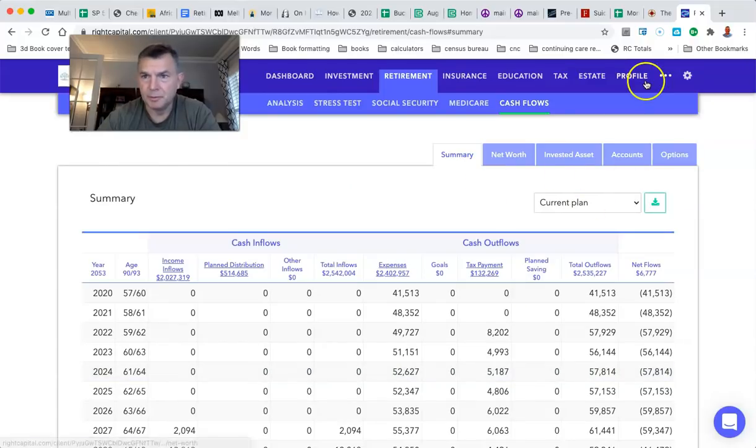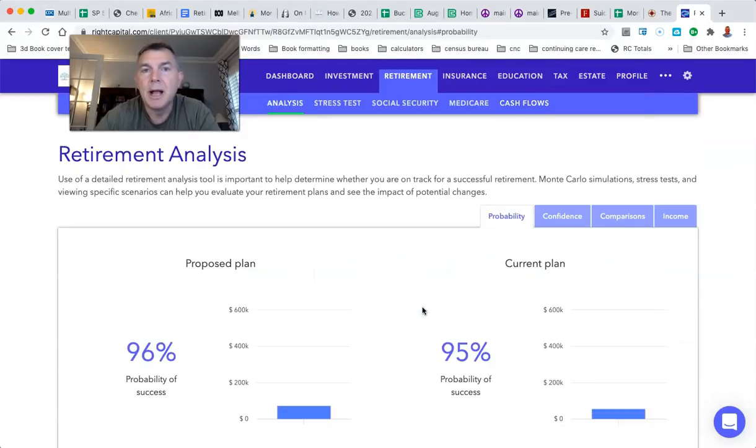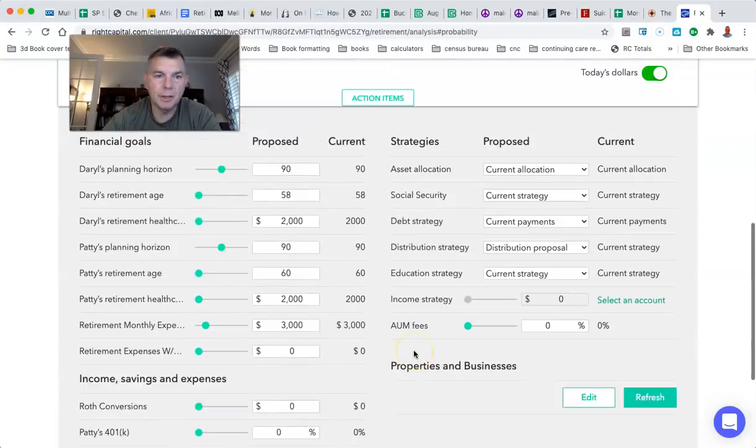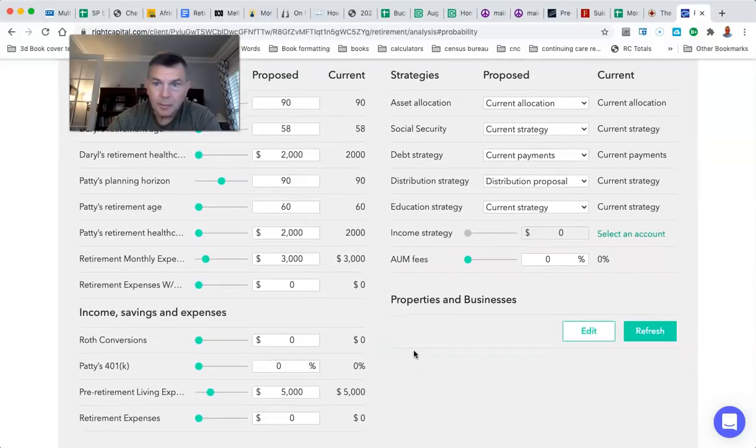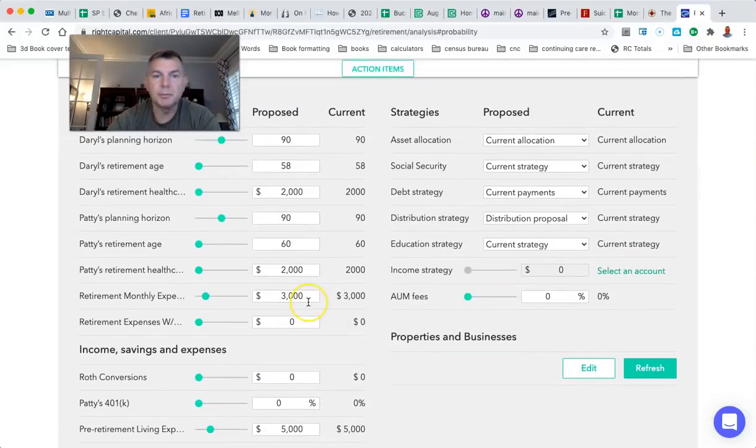So it's pretty self-explanatory. Let's go to analysis, retirement analysis, and let's say they have higher expenses. Let's see, not healthcare, retirement monthly expense. So let's say they have $4,000 instead of $3,000 a month.